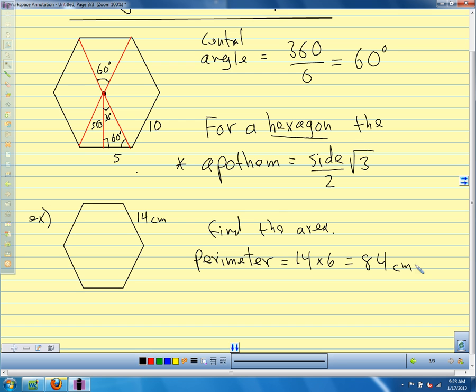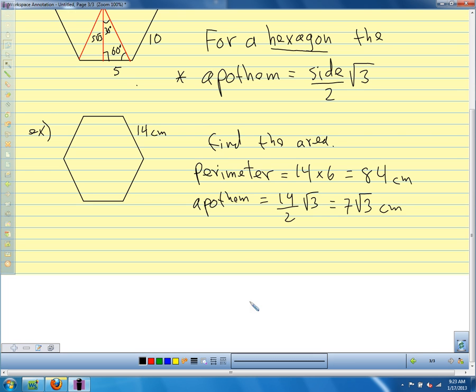And our apothem, because hexagons are special, we can figure out the apothem just with the side length. The apothem is going to be 14 divided by 2, and we multiply that by the square root of 3. So the apothem is 7 square root 3 centimeters.